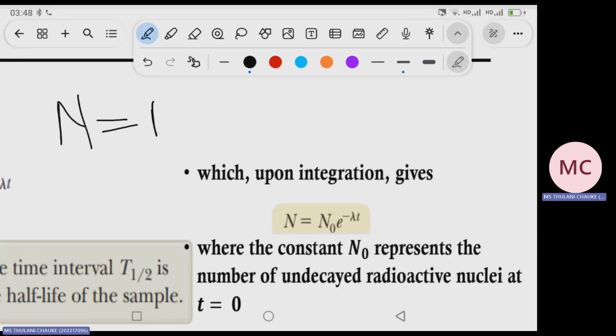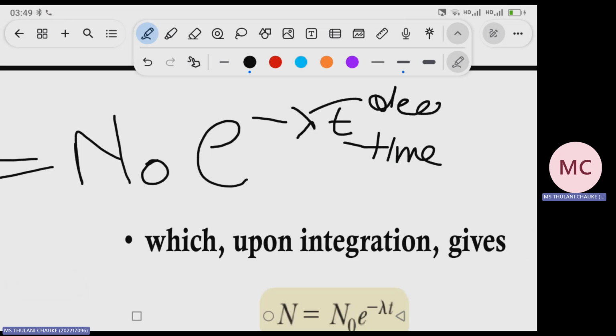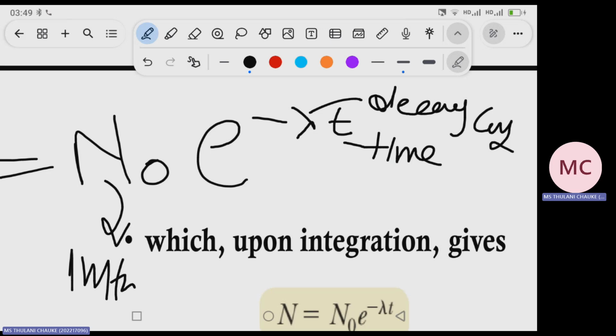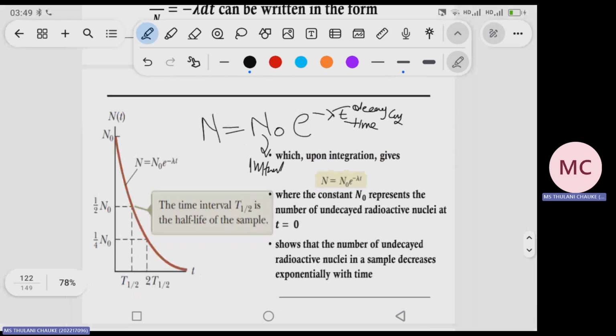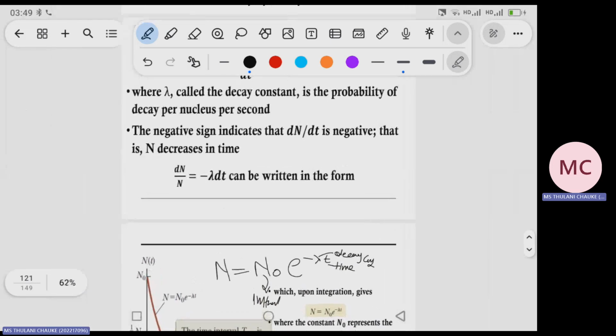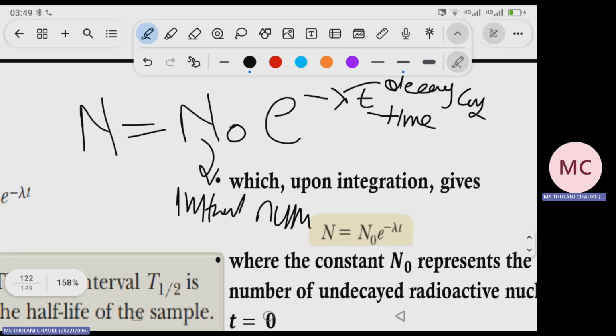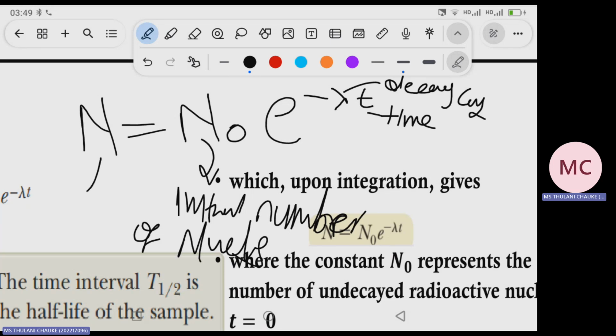You have N equal to N initial e to the negative lambda t. T is the time, lambda is the decay constant, N initial is the initial number of radioactive nuclei, and N is the final number of nuclei.